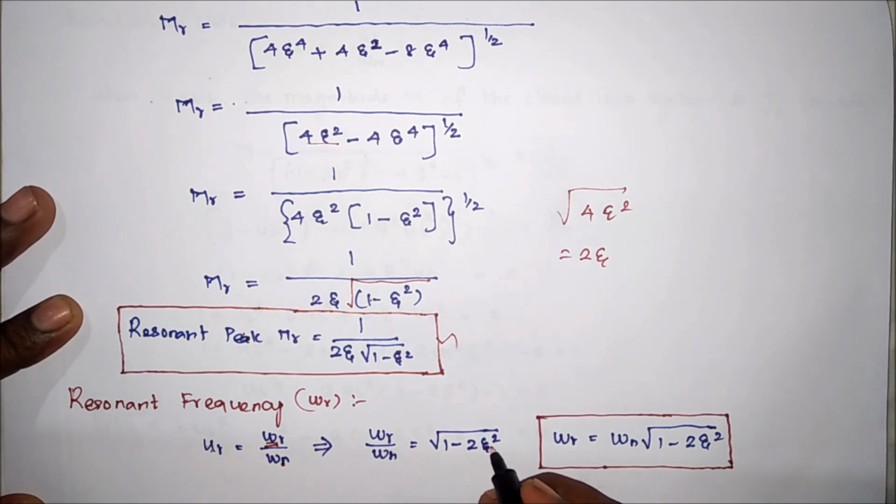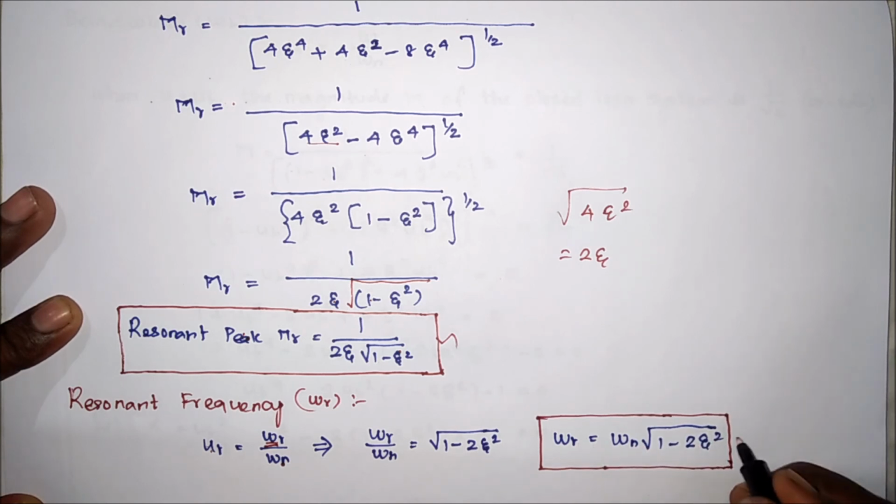We already derived that. Therefore we have to equate square root of 1 minus 2 eta square to this. So now if we take this omega n to here we will get the resonant frequency. Resonant frequency omega r equal to omega n into square root of 1 minus 2 eta square. So this is the resonant frequency omega r.